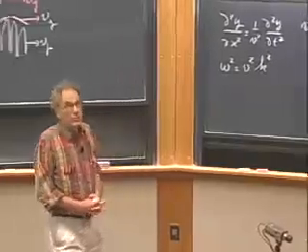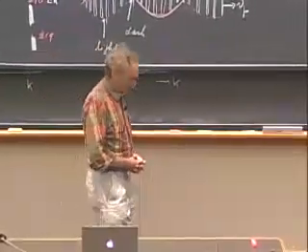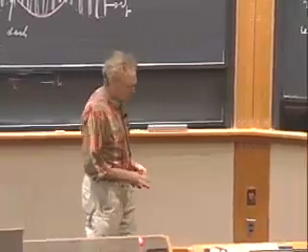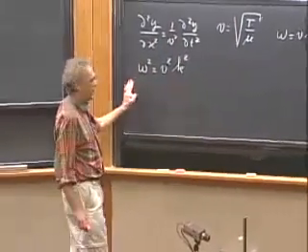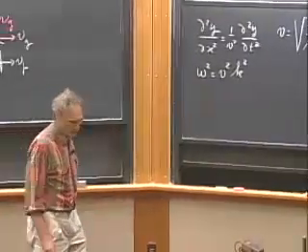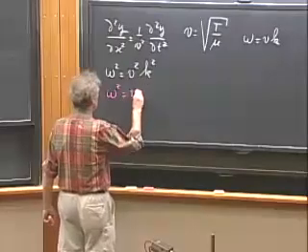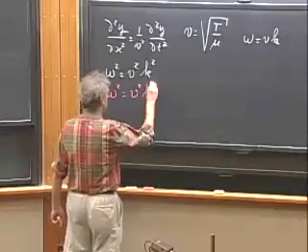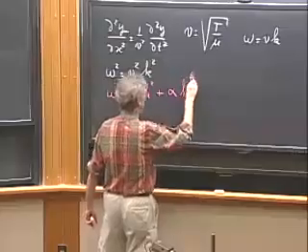If now you go through the whole procedure again, which is slightly more complicated, you will find that you get a different relation between omega and k. And now you see that the medium becomes dispersive. Now you get that omega squared equals v squared times k squared plus alpha times k to the power 4.